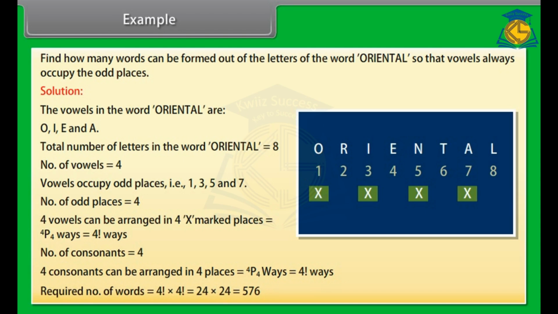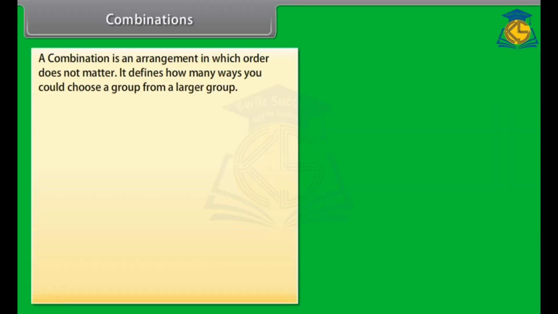Required number of words is equal to 4 factorial into 4 factorial is equal to 24 into 24 is equal to 576. Combinations. A combination is an arrangement in which order does not matter.